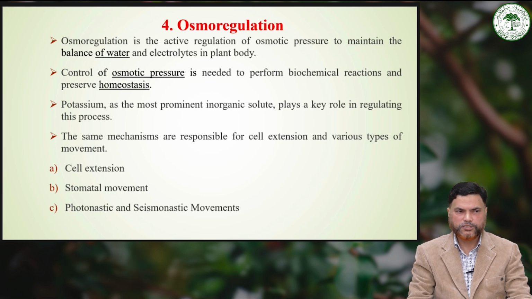Potassium is the most abundant inorganic solute and is essential in regulating various processes. The potassium concentration also governs cell growth and different types of movement, including expanding cells, opening and closing of stomata, and responding to light stimulus or touch, that is photonastic and seismonastic movement.